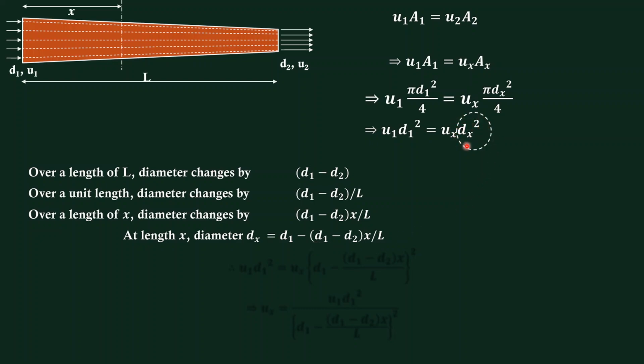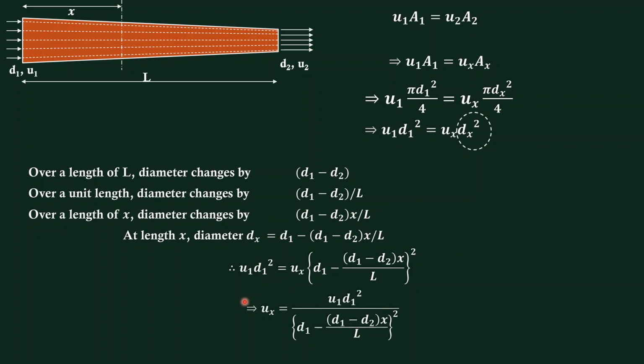Now we'll just put this dx in this expression. So this expression now becomes u1 d1 square equal to ux multiplied by this whole term squared. So from this, just take ux to the left hand side and you have an expression for ux in terms of some known quantities: u1, d1, d2 and L.